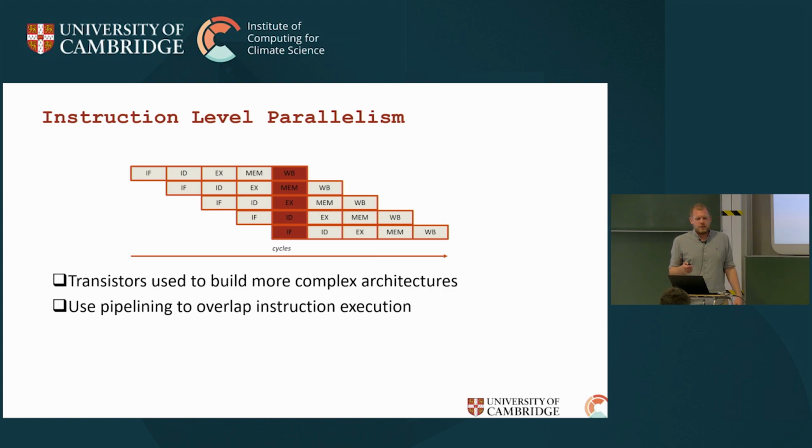One way you can do this is instruction level parallelism. When you build your CPU or GPU or whatever you're building, you build a more complex pipeline. Rather than having just one instruction being executed, you can have a pipeline where you're doing an instruction fetch, an instruction decode, an instruction execute, a memory access, and a register write back. You can overlap all those stages because they're a little bit independent. It's a bit like a production line, an assembly unit.